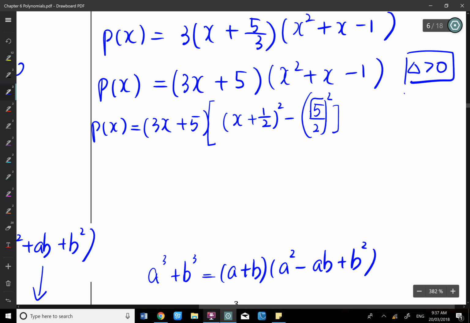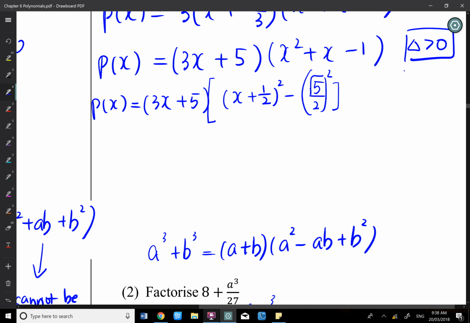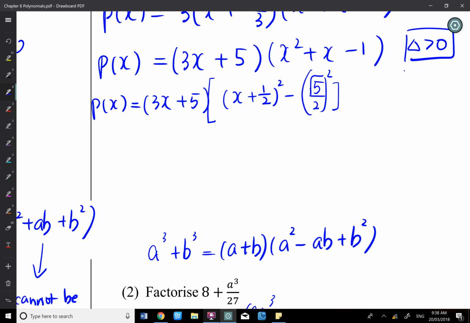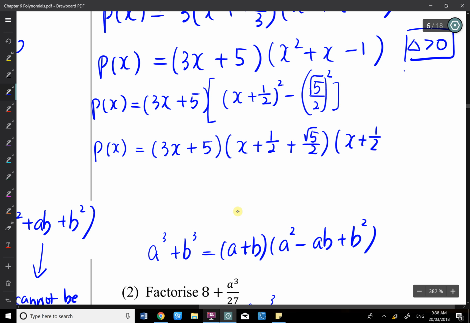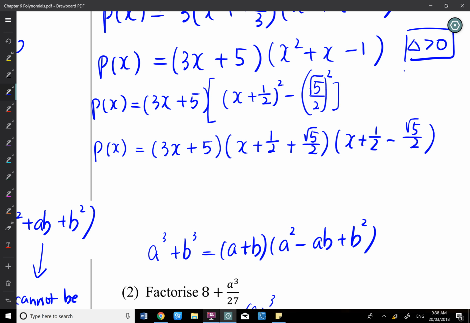Because there's no space, I just change everything on this line. So what we will have is (x plus a half plus √5/2)(x plus a half minus √5/2). That's the fully factorized form.